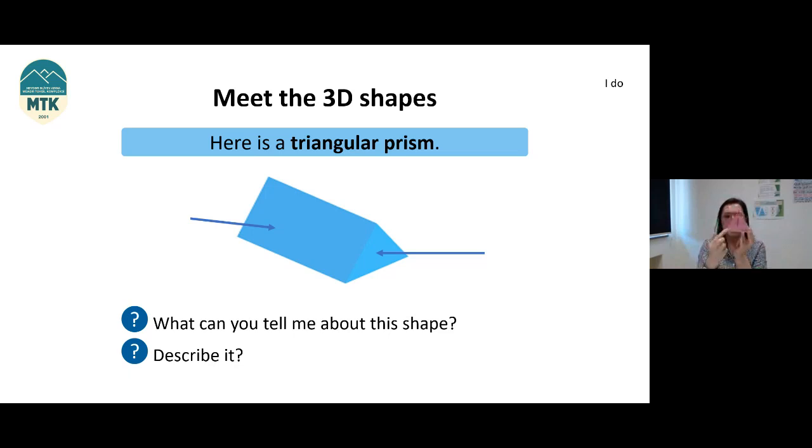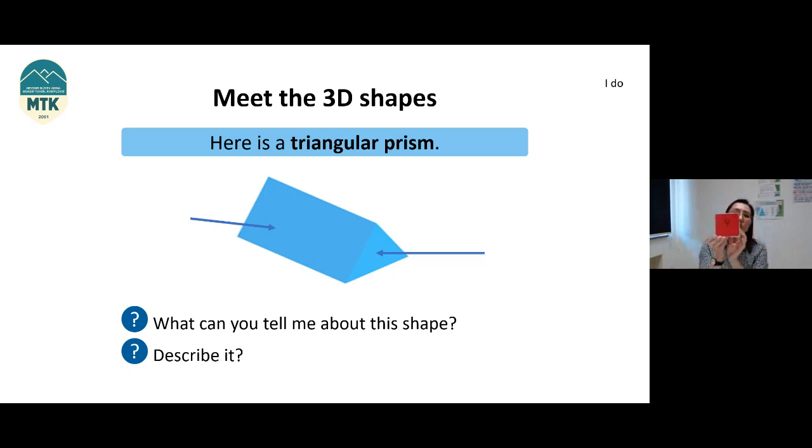What shape does it look like? Does it look like a circle? Does it look like a square? Or does it look like a triangle? Yes, that looks like a triangle. And a triangular prism has two triangular faces, and you can see it. And how about this face?